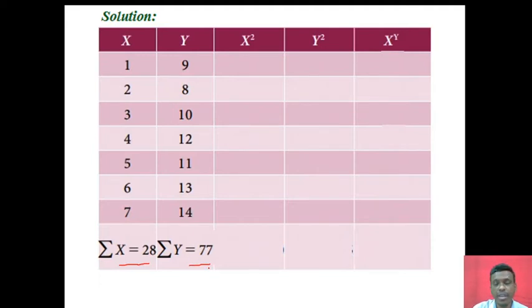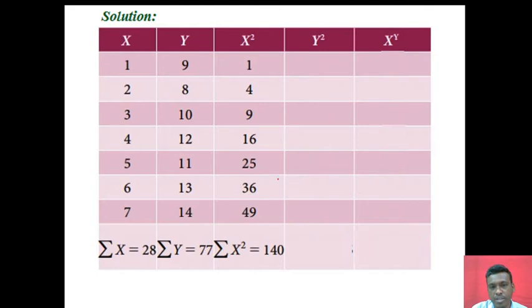Similarly x square is x into x, so x is 1, so this is 1 into 1. 1 into 1 is what? 1. Similarly 2 into 2, 4. 3 into 3, 9, and so on. So this is how you can calculate all these values.